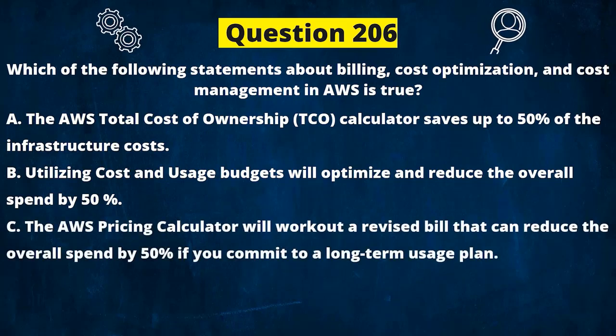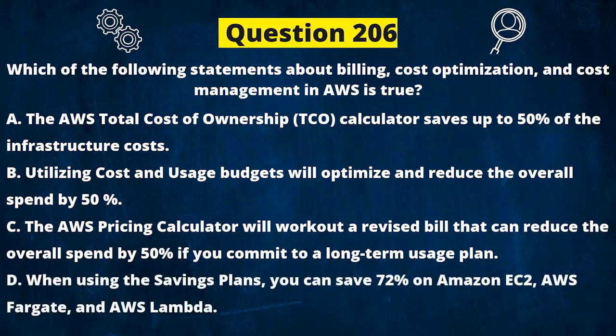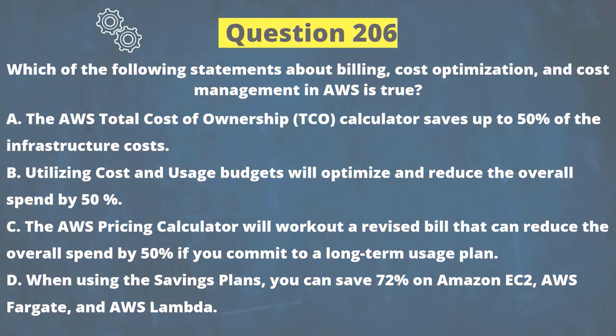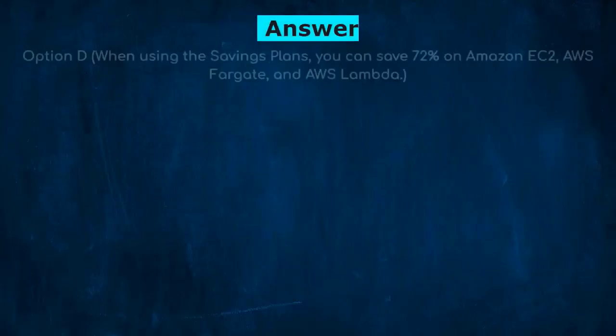C. The AWS pricing calculator will work out a revised bill that can reduce the overall spend by 50% if you commit to a long-term usage plan. D. When using the savings plans, you can save 72% on Amazon EC2, AWS Fargate, and AWS Lambda. And the correct answer is option D.